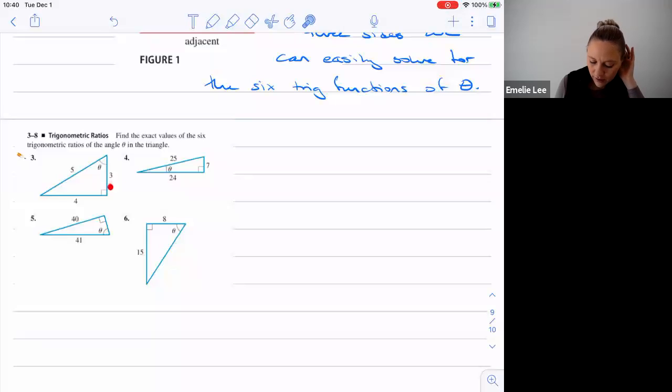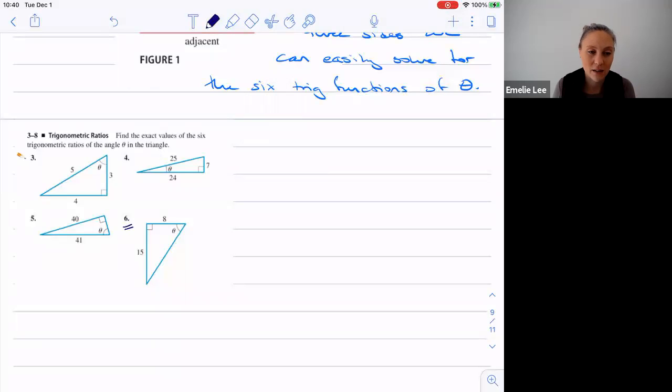So here in one of these examples, which one should we do? Well, what's nice about the first two is that we actually have the length of all three sides. Let's do 6 maybe, just because one of the sides is missing.